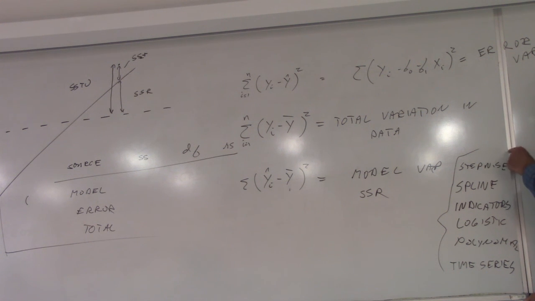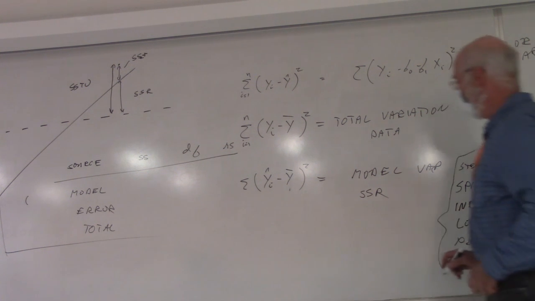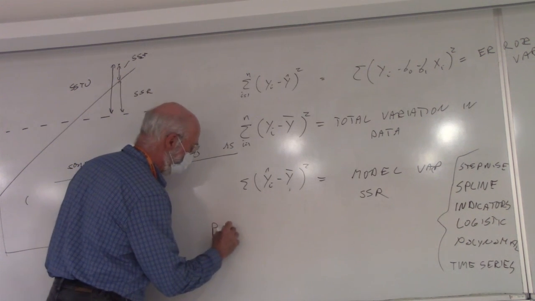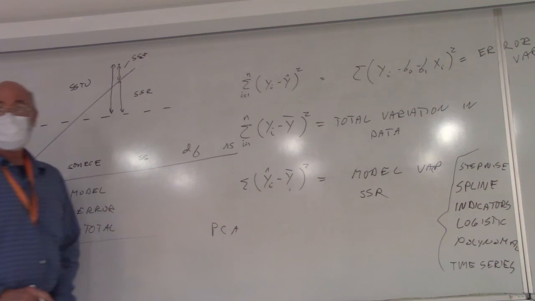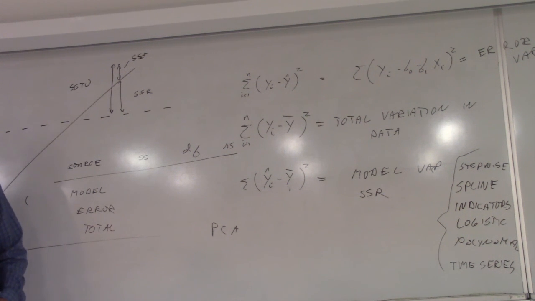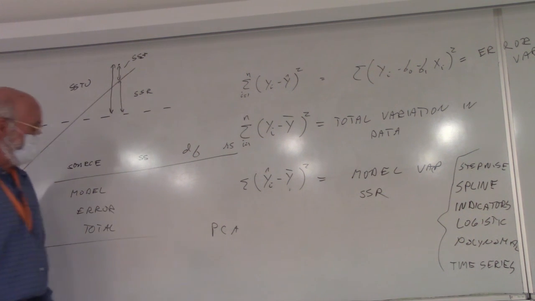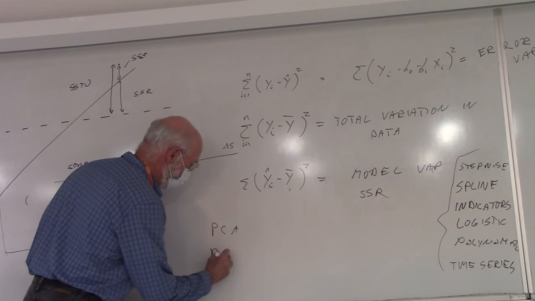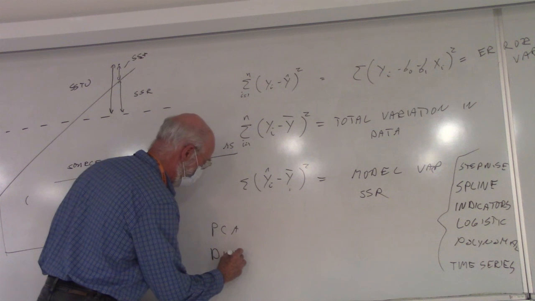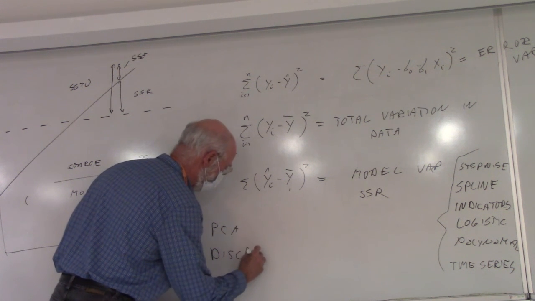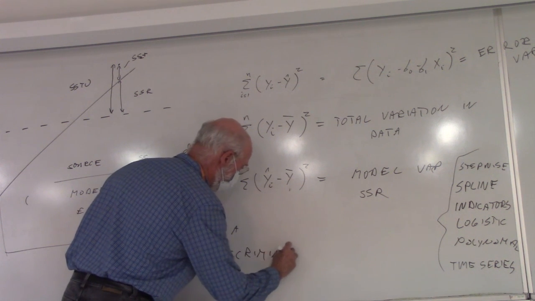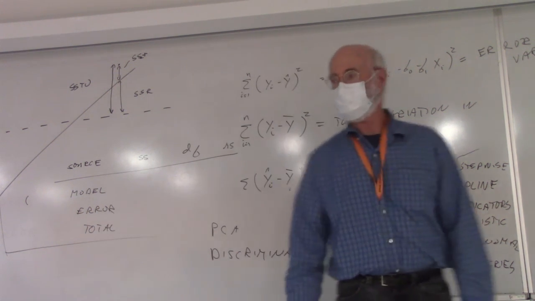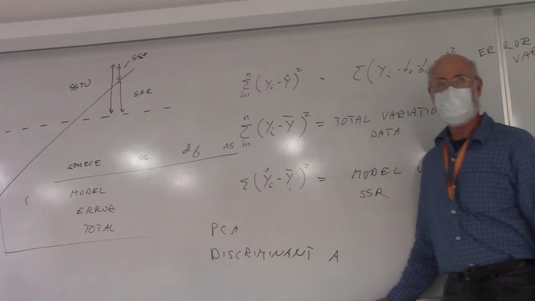After that, we're going to step away from regression, and we're going to do a couple of multivariate techniques. We're going to do principal components analysis, which is another one of those basic techniques that every biologist should have in their toolkit. And we're going to do discriminant analysis. So we're going to do PCA and then DFA, discriminant functions analysis.